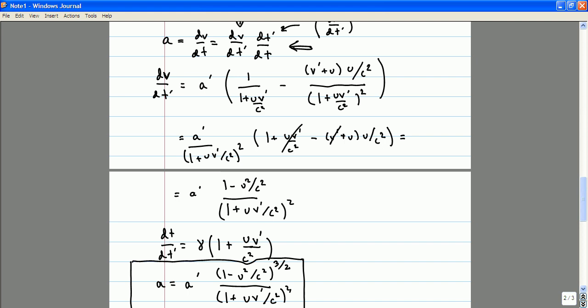And dt prime over dt is the inverse of this guy here. Which means you get another factor of 1 plus u v prime over c squared in the denominator. So we had 2 factors from this equation and 1 factor from this equation, a total of 3 factors of 1 plus u v prime over c squared in the denominator. Another question.